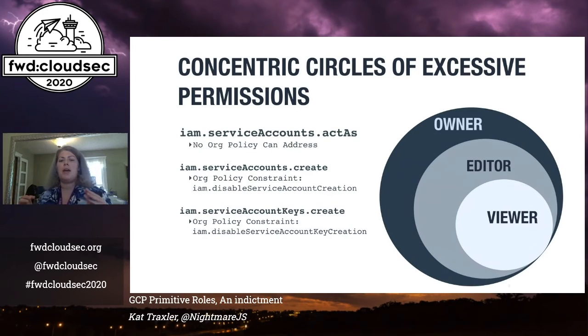However, I would argue that the end result, the impact of the act as permission, has the same effect. Act as is just like AWS pass role, where the permission is required to create most services. It's required for the binding of the resource to the runtime identity, whether that's a default service account or a uniquely created custom service account.